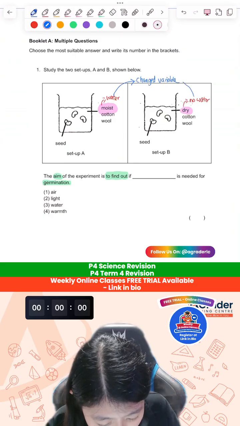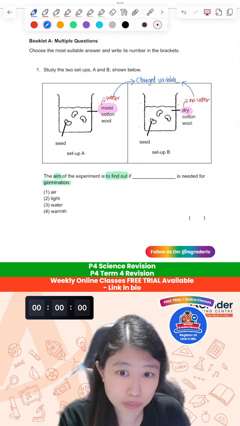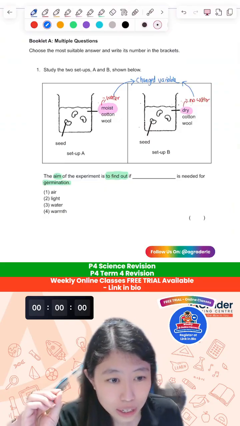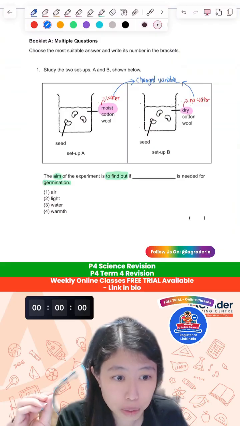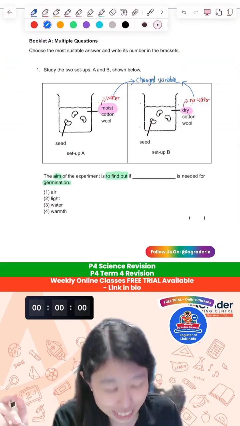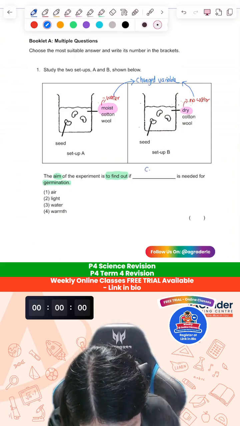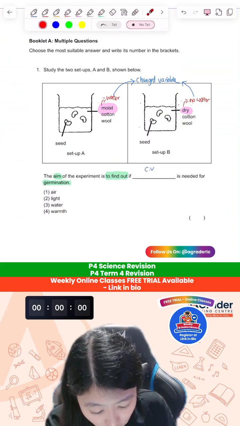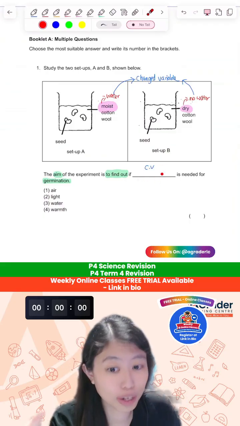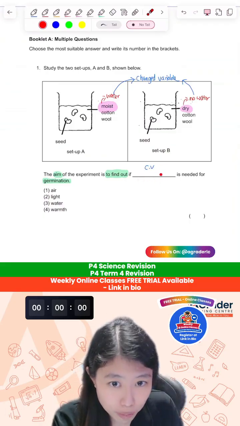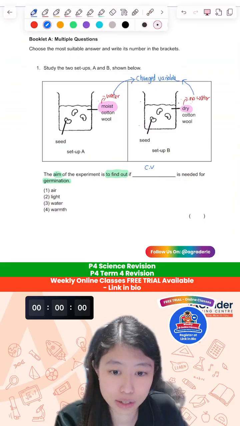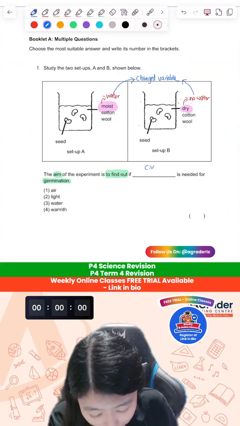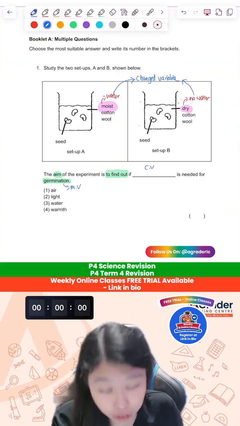Very good. In your aim, you will have your changed and measured variable. The changed variable is usually mentioned first, but not all the time. And that is needed for germination. So whether the seed germinates or not, whether the seed grows or not, this is my measured variable.